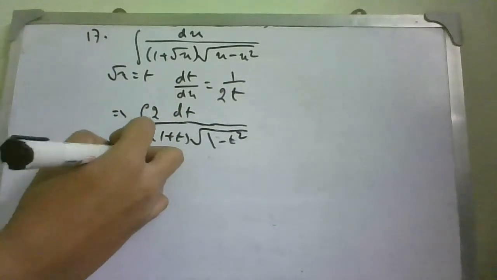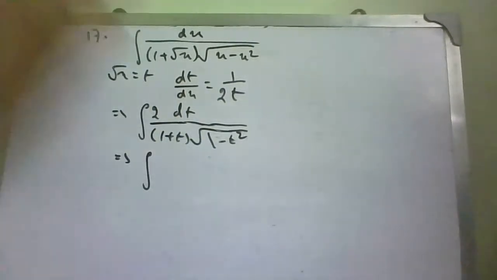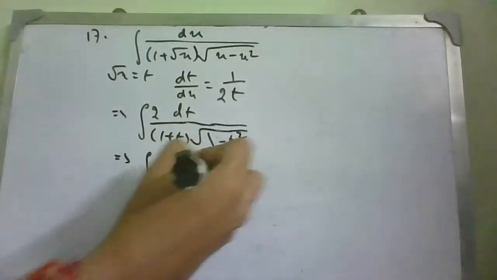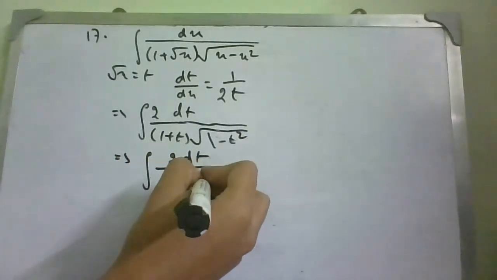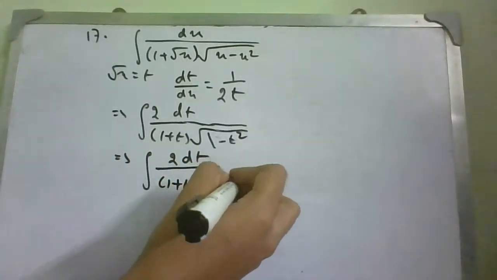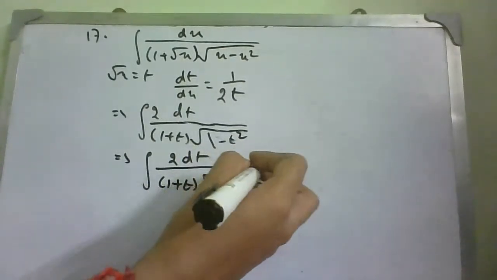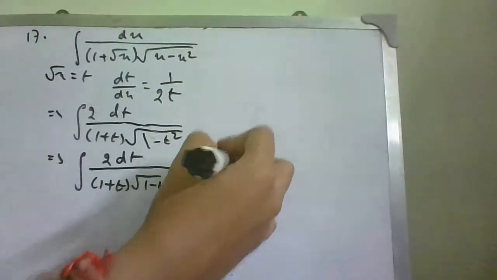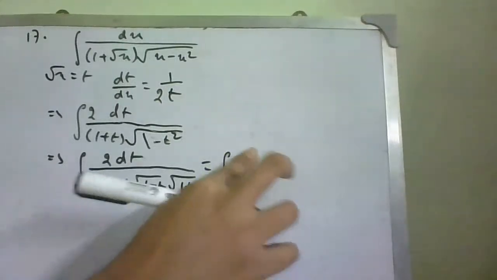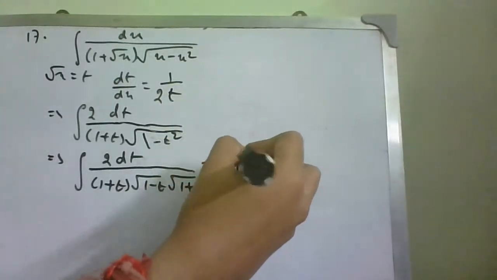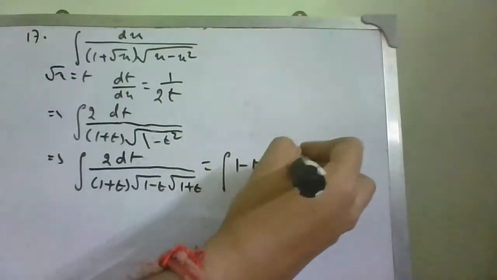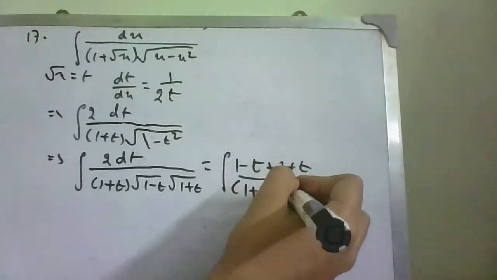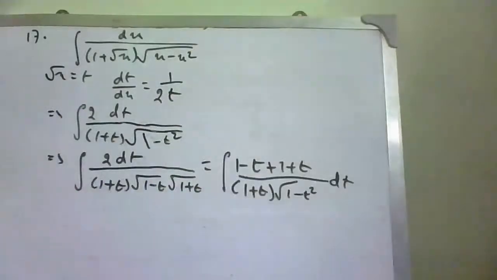Okay, so let's try to factor the things out. 2 dt over 1 plus t, root over of 1 minus t times 1 plus t. So what we can do over here, yes, obviously we can try this out: 1 minus t plus 1 plus t over 1 plus t root over 1 minus t squared dt.